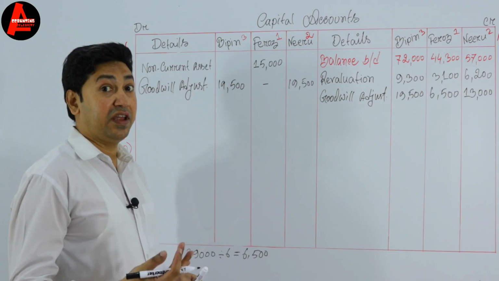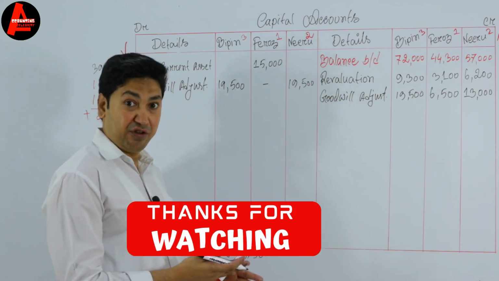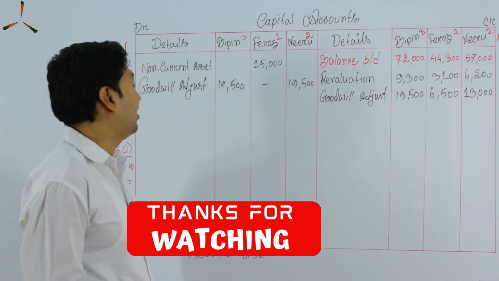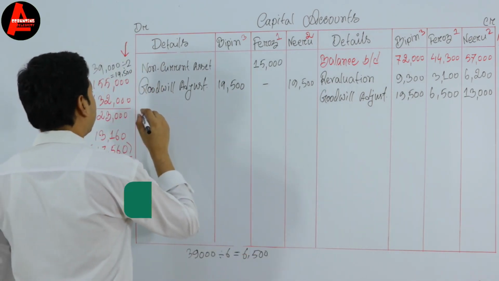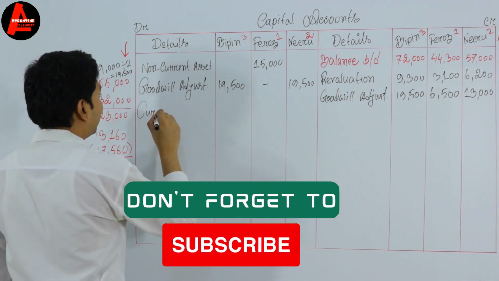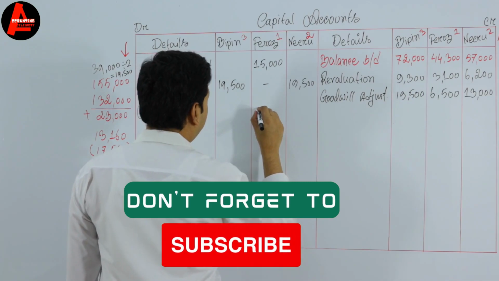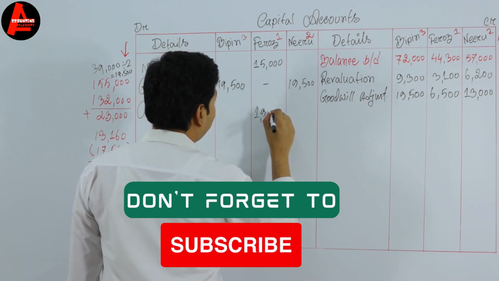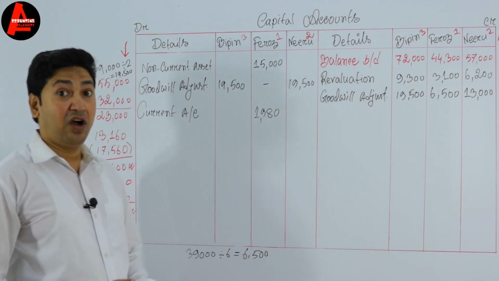This $1,980 is now given to Firoz from the capital, so capital will be decreased. So we write here current account, and the Firoz current account balance is $1,980. Okay, so we have written all the things.